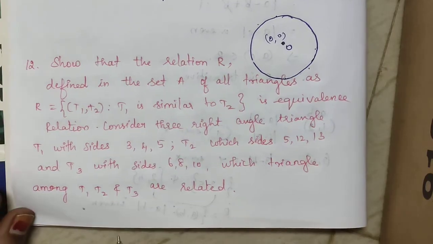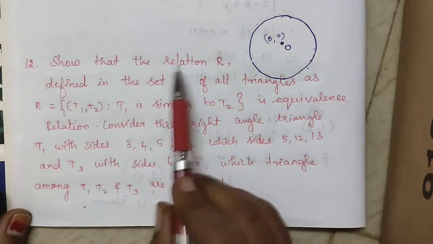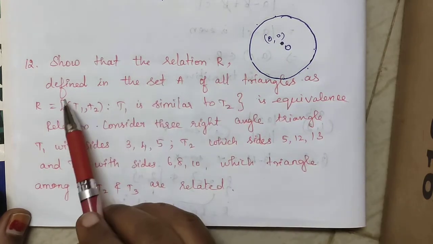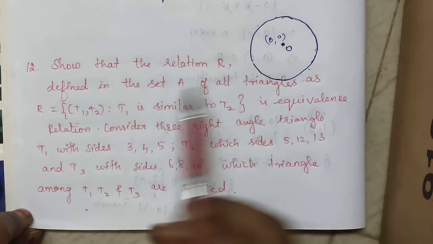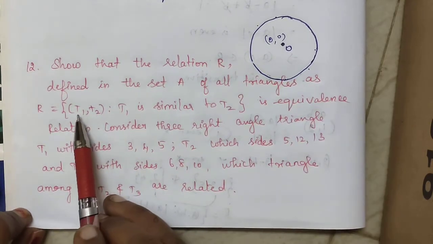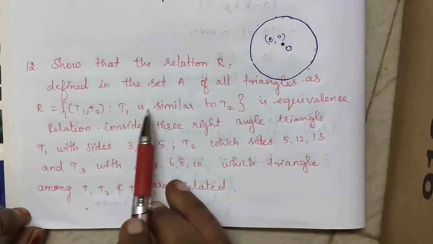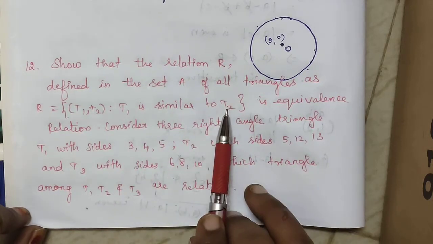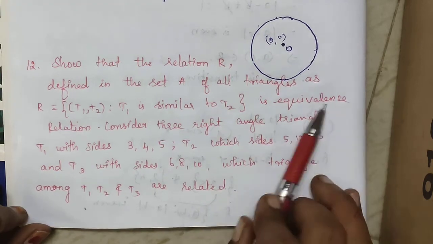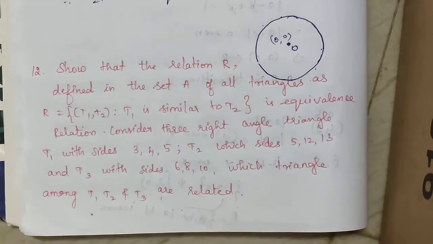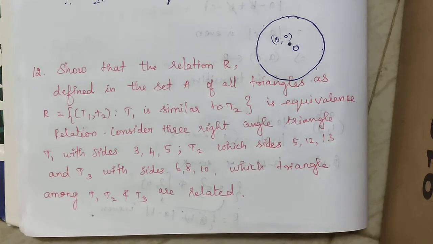Now the next question: show that the relation R defined in a set A of all triangles as R equal to (T1, T2) such that T1 is similar to T2 is an equivalence relation. Similar triangle means the shape will be the same but the size will not be the same. We have to prove that it is an equivalence relation.